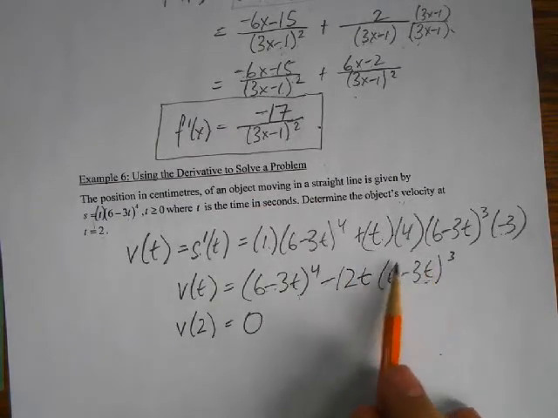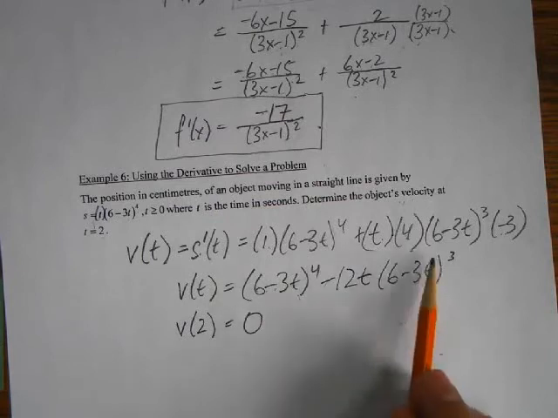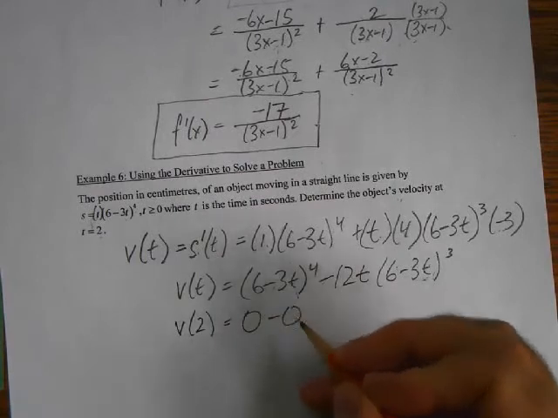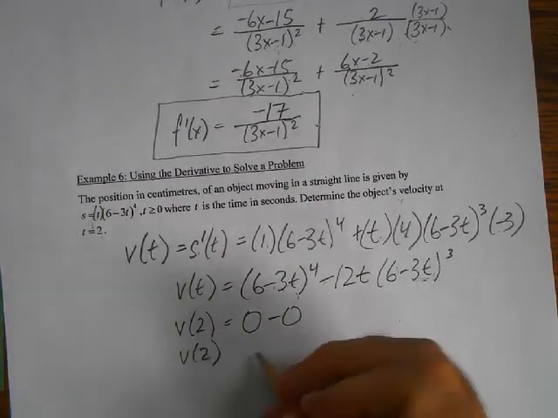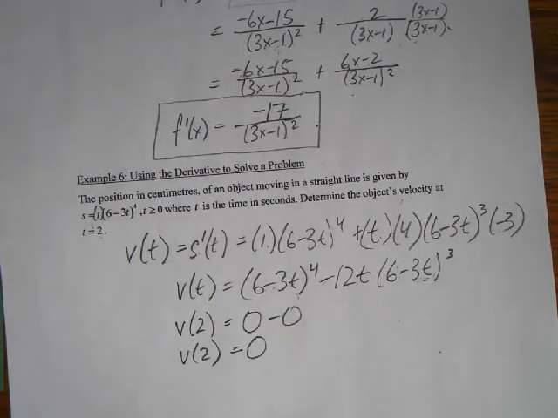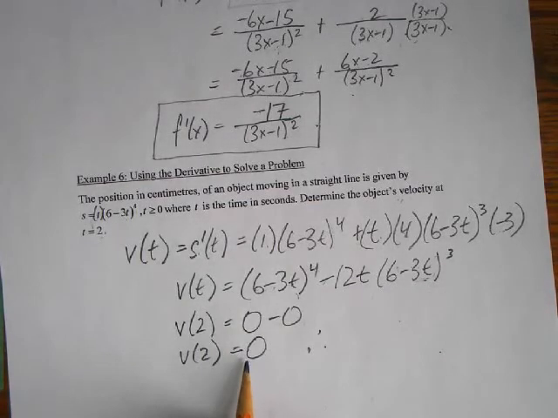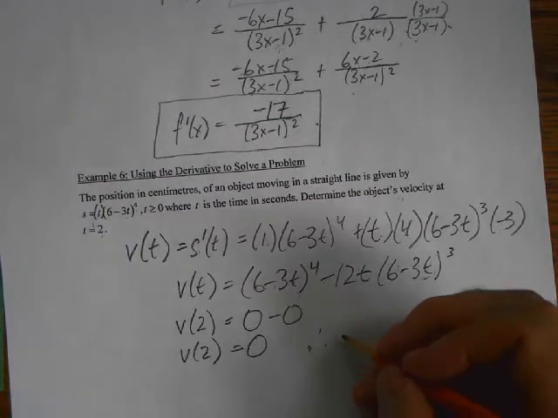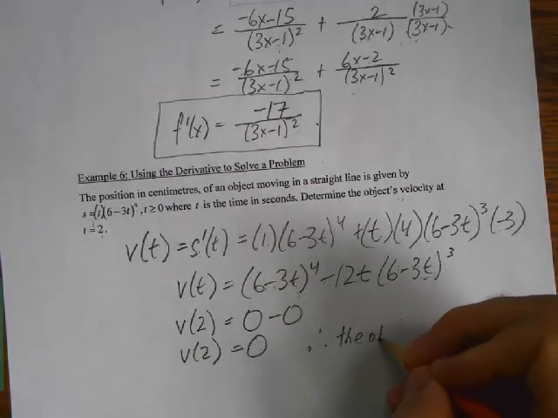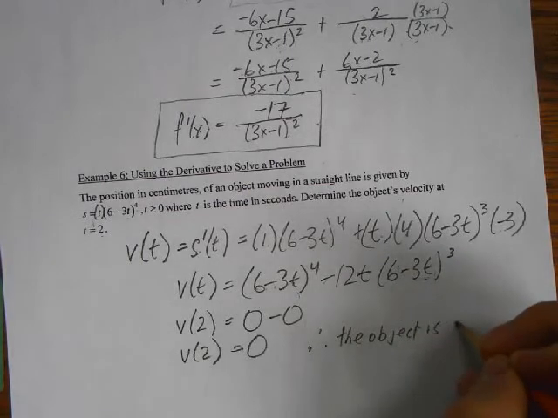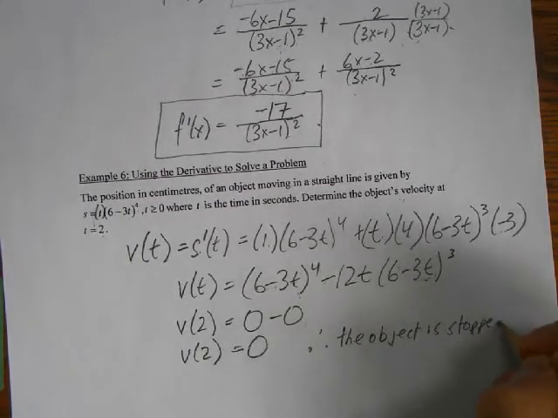But this thing is also going to be 0, 6 minus 3 times 2. So we have 0 minus 0. So the velocity at 2 seconds is 0. So in terms of velocity, the speed is 0, the direction is 0, the object is stopped at t equals 2.